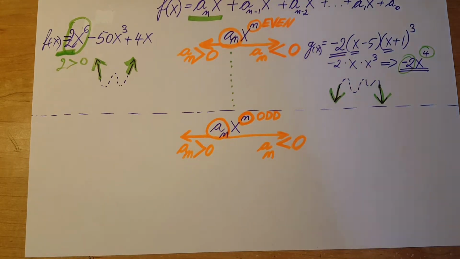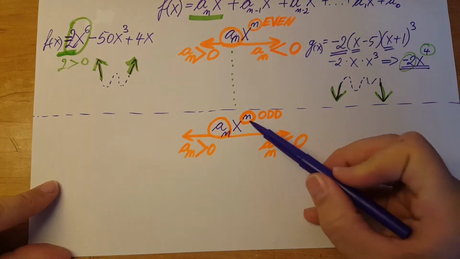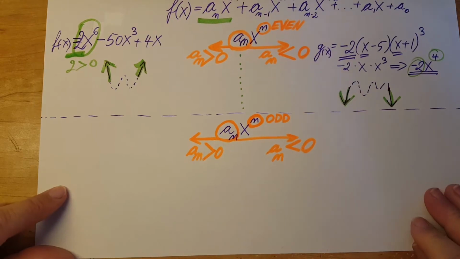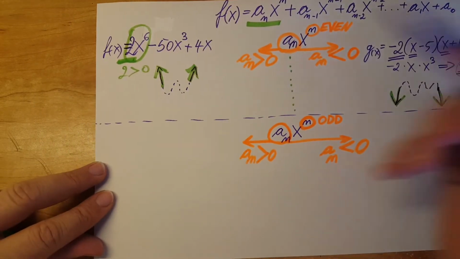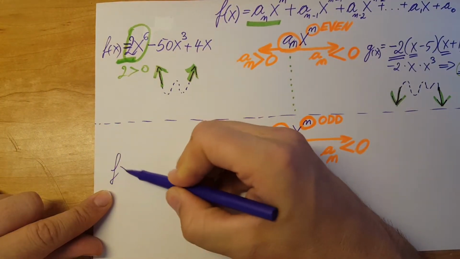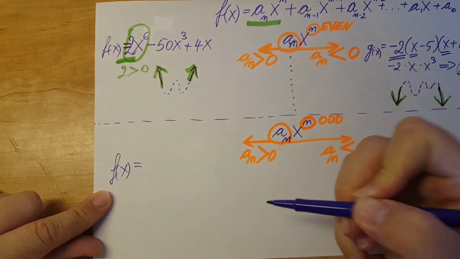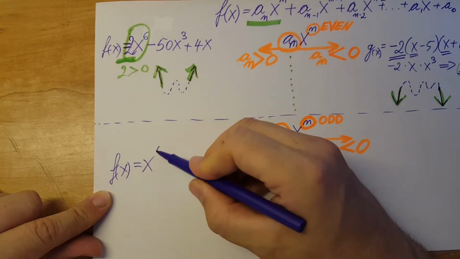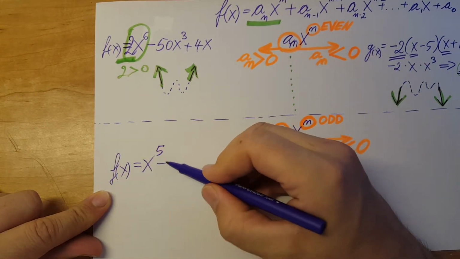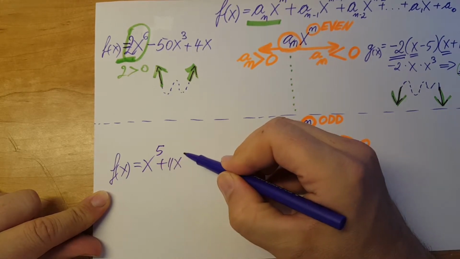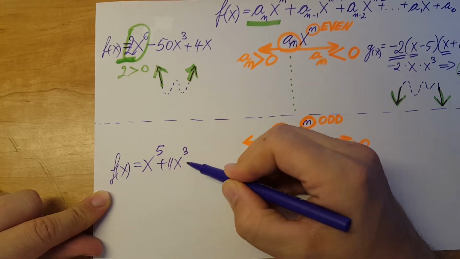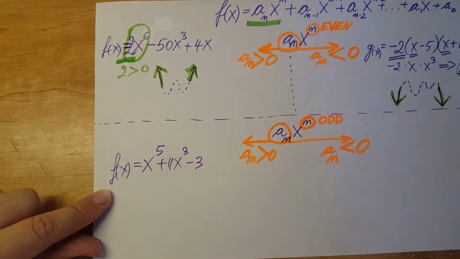Now let's take a look at some examples when the exponent is odd. f(x) equals x to the fifth plus 11x to the third minus 3.